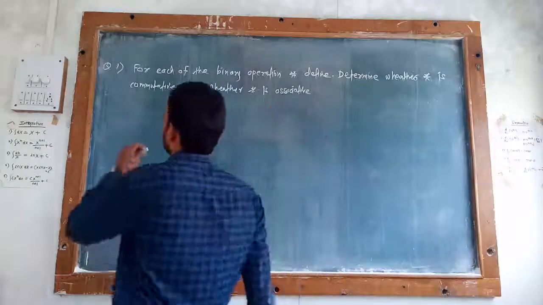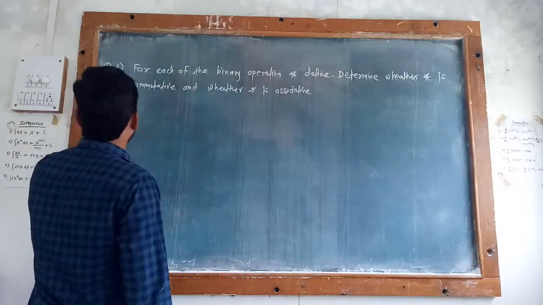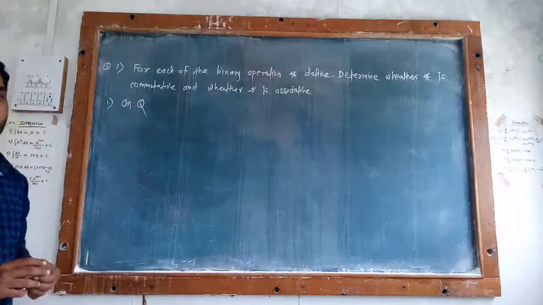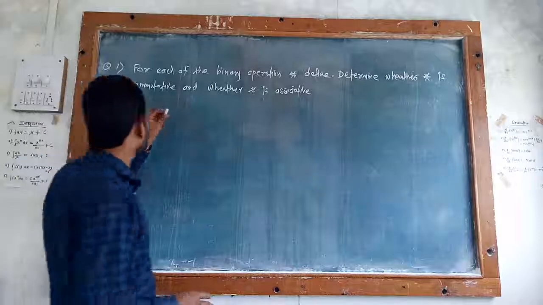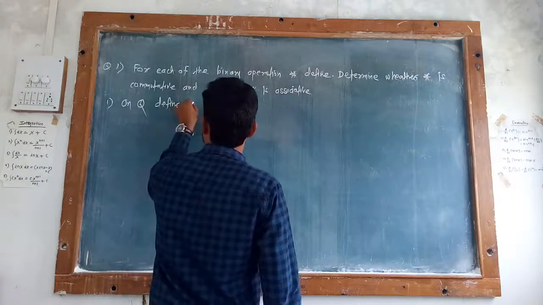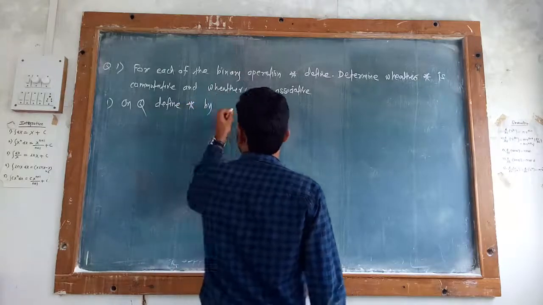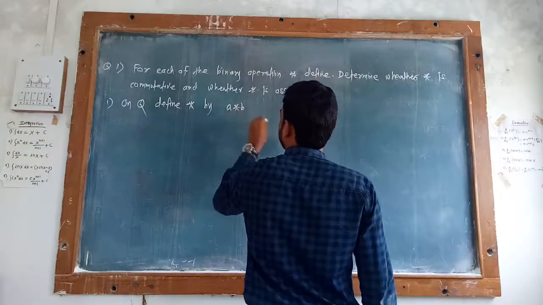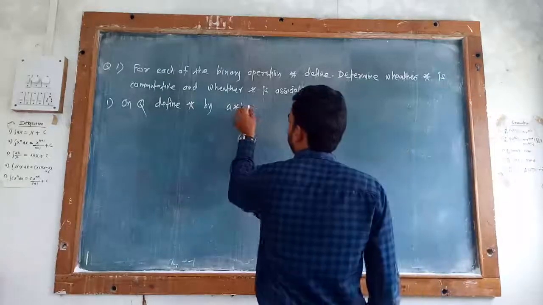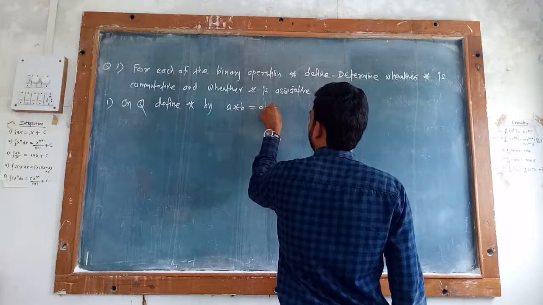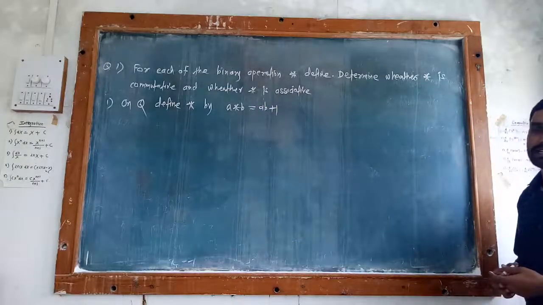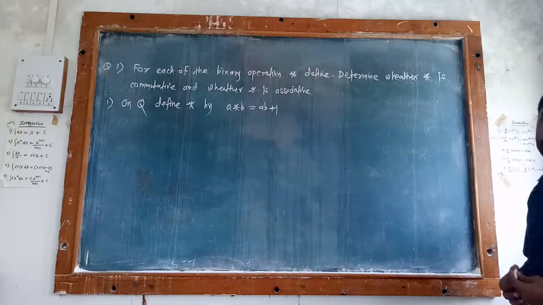So your first example is on Q. What is my Q? That is the set of rational numbers. On the set of rational numbers, define star by A star B equals AB plus 1.